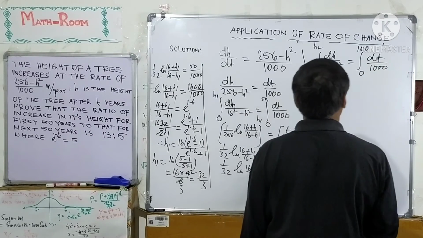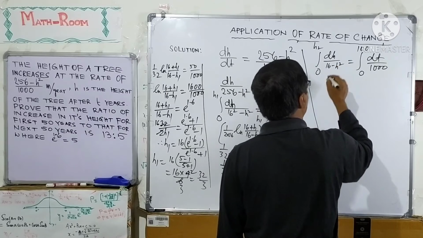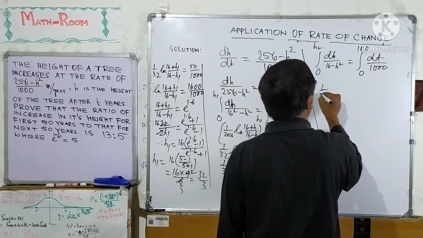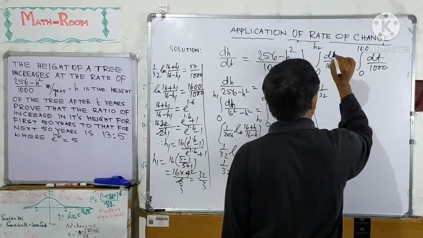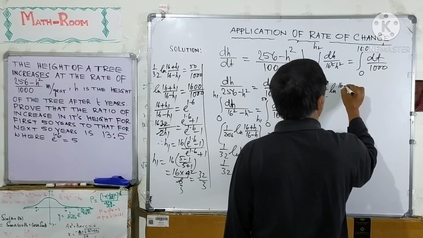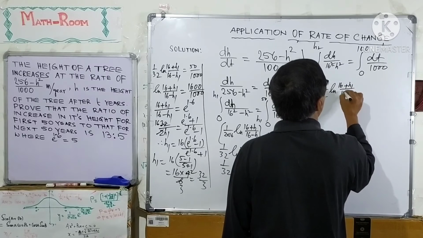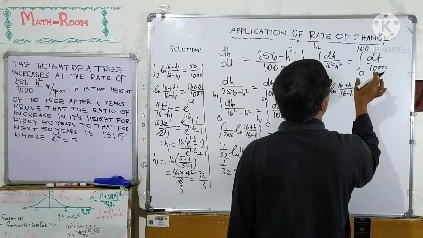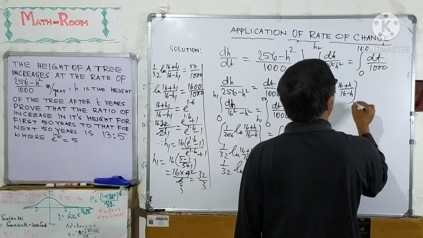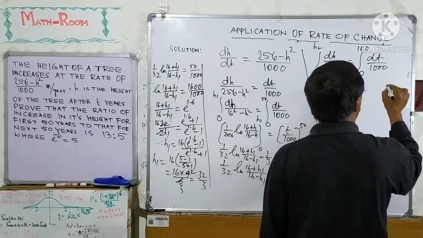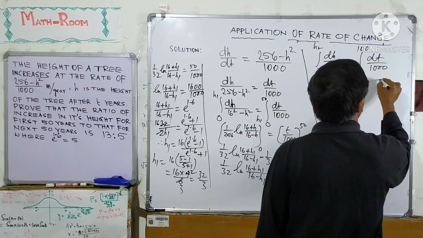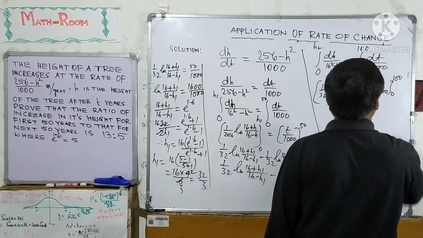So, here we also put the formula of these two integrals, that is 1 over 32 logarithm of (16 plus h) over (16 minus h), and the limit is also 0 to h2, equal to t over 1000, with limit 0 to 100.